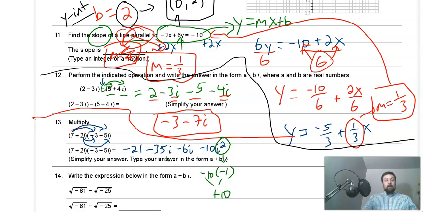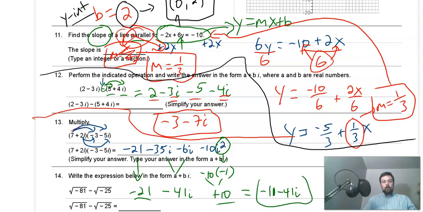And then these combine together to give me negative 41i. And then this one I'll just copy down, it's negative 21. But then these now are like terms. So I'll combine those together and I get negative 11 minus 41i. All right, and so that's the answer to that one.